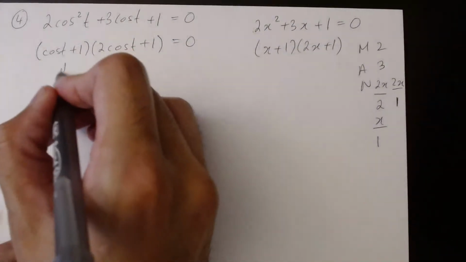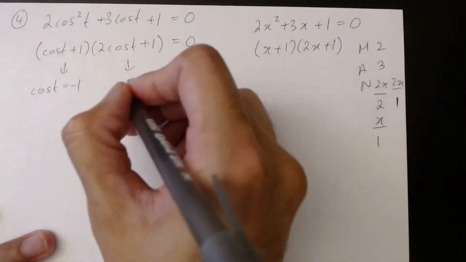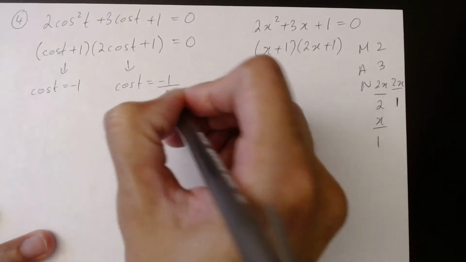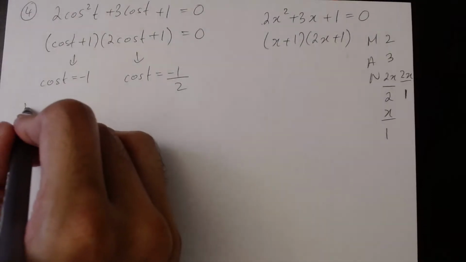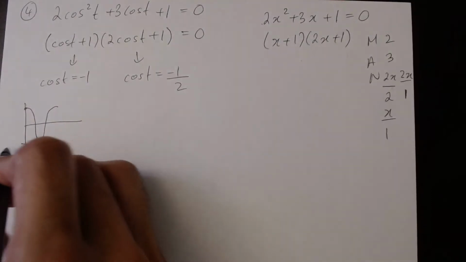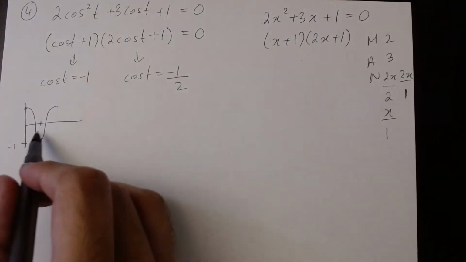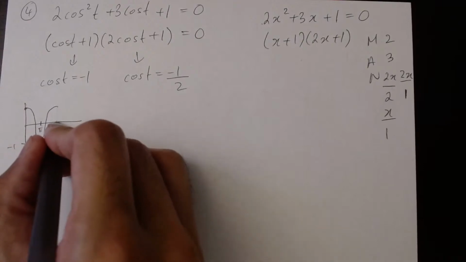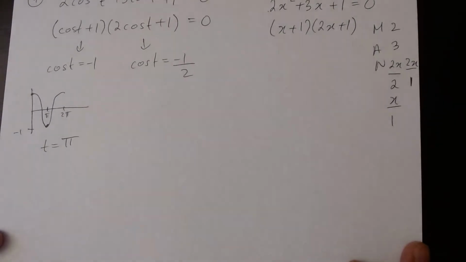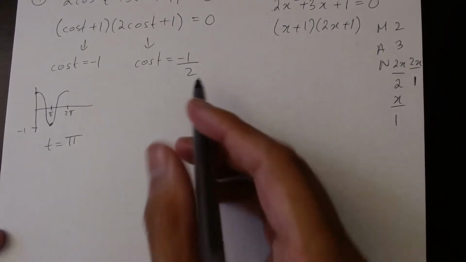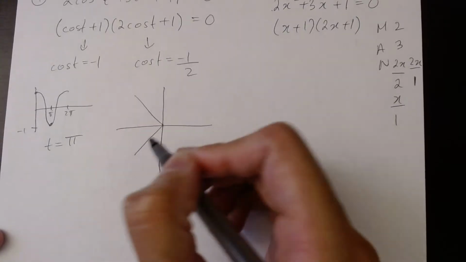So now I can solve this. Cos t equals negative 1. Cos t equals negative 1 over 2. I'll use my graph for this one. Cos t is negative 1 at basically pi. I know t equals pi for this solution. And then for this one here, I'll use my CAST rule. Cos is negative in these two quadrants.